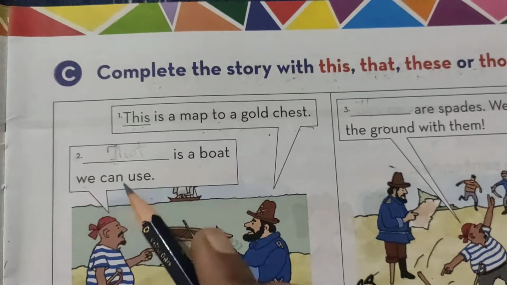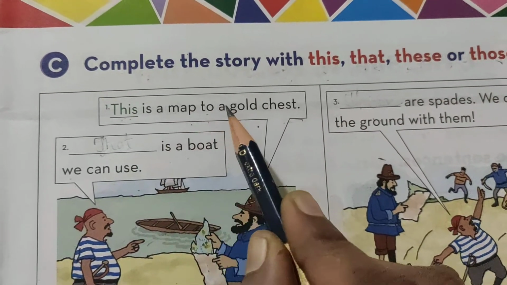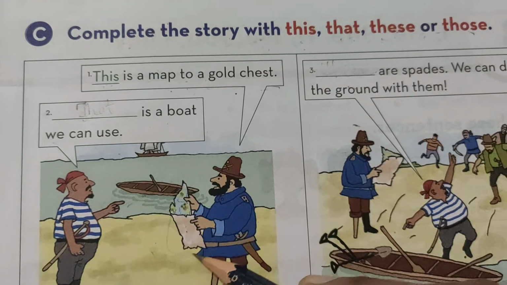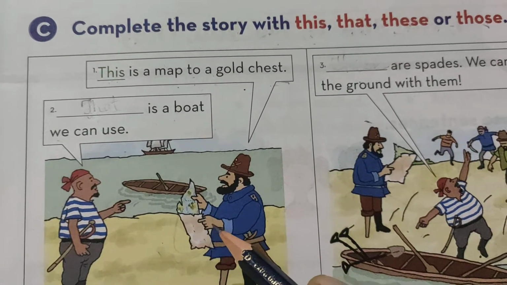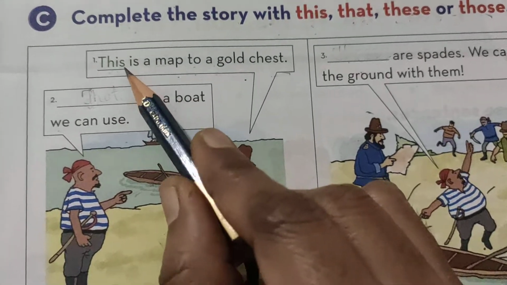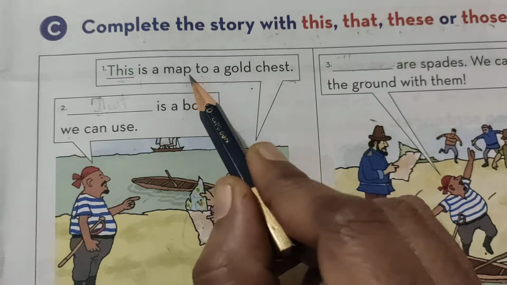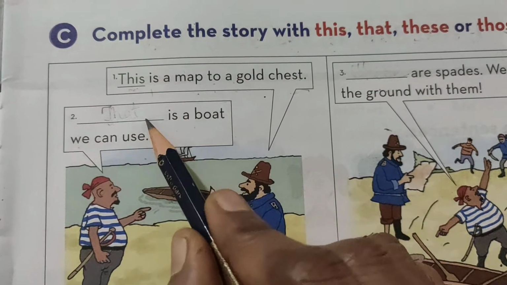Okay, now see the first sentence here. Dash is a map to a gold chest. So you can see the man is having a map in his hand. Singular and near. That is why they have used the demonstrative this here. This is a map to a gold chest. The second one.